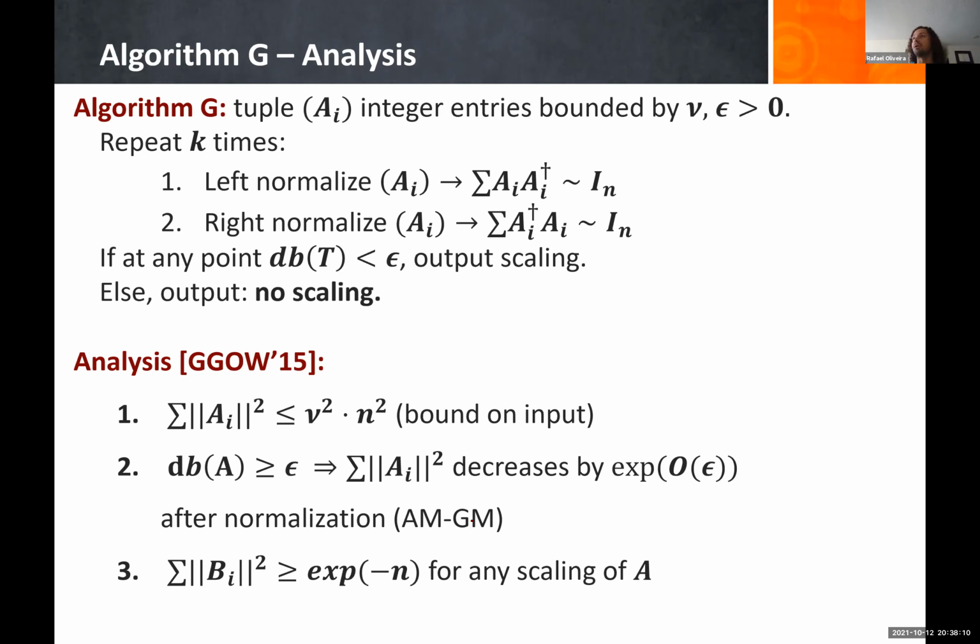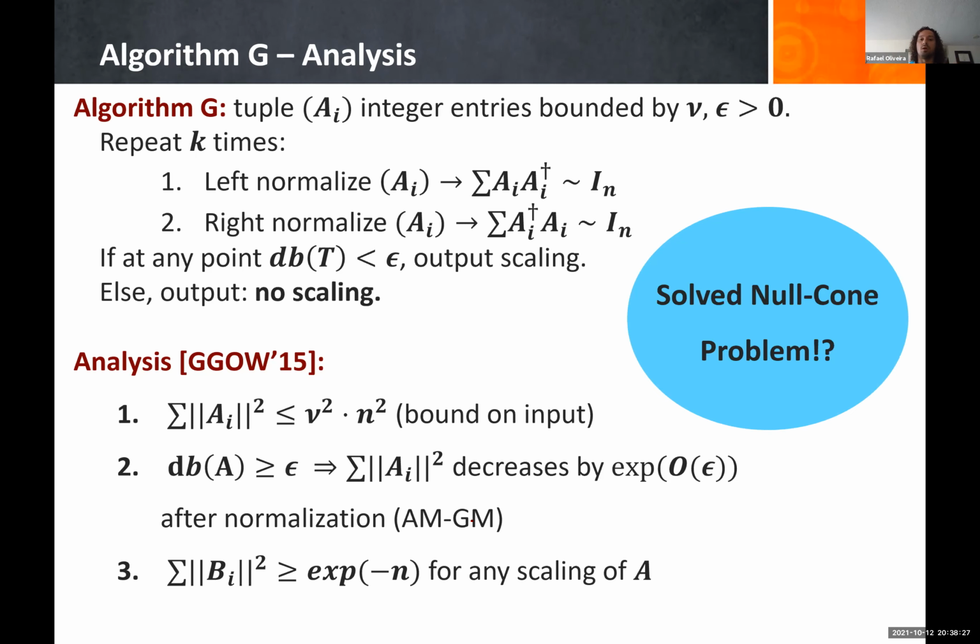It could be that things in the null cone can be 1 close to W balance. But what is this epsilon that we need to set so that we actually can decide membership in the null cone? What is this distance to W balance? So the question should be, have we solved the null cone problem? The answer is, I don't know yet, because I do need to figure out what the epsilon is.